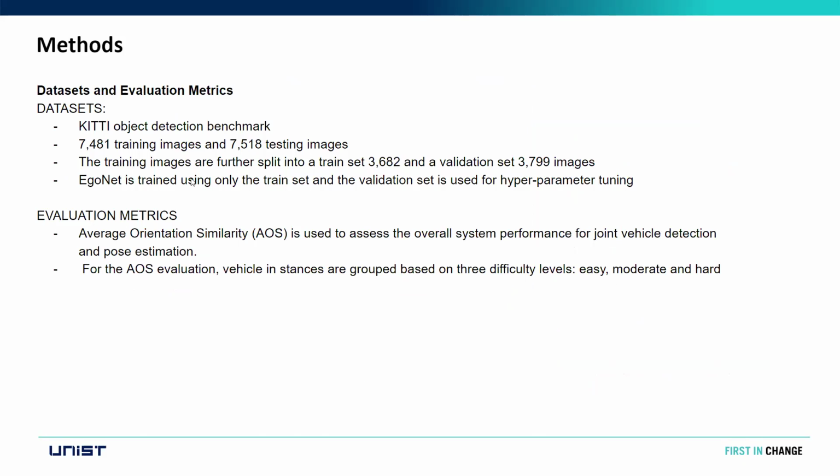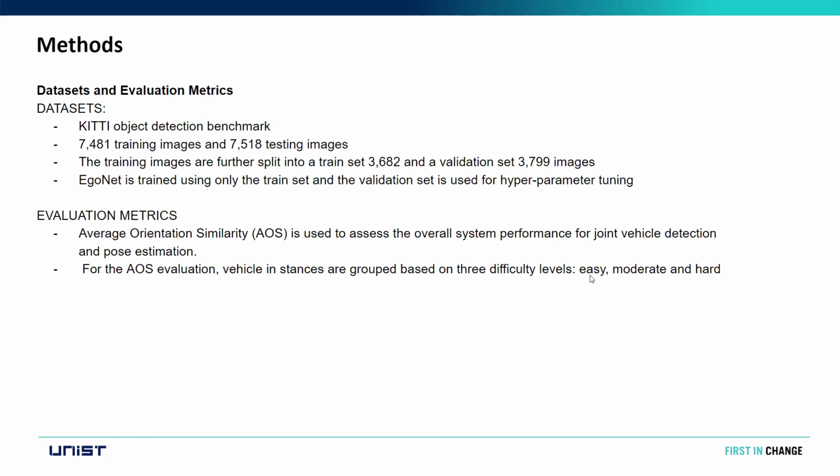For evaluation, they use the Kitty dataset for 3D object detection, and there is some information about the Kitty dataset. For evaluation metrics, they use average orientation similarity. And in average orientation similarity, it has 3 levels: easy, moderate, and hard.